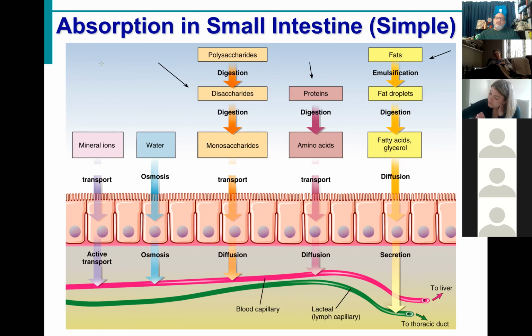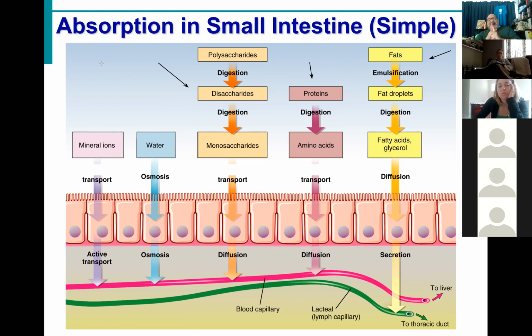And you're going to be responsible for describing all of the ways that macromolecule is broken down mechanically, all of the ways it is broken down chemically, all of the specific enzymes involved in that process and where they're produced.